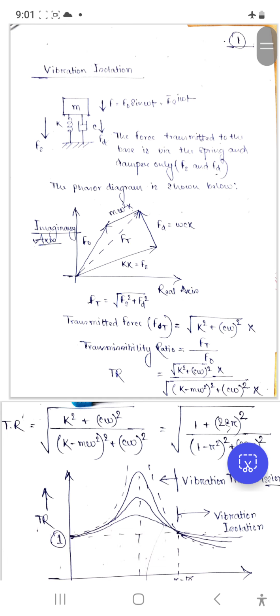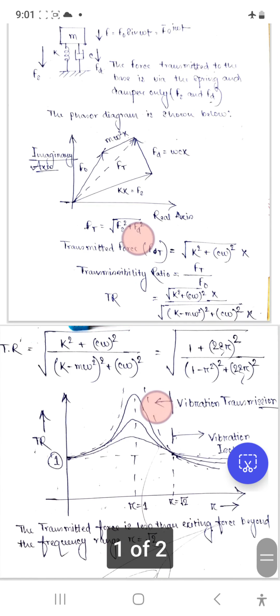So x is getting cancelled, so transmissibility ratio is root of k square plus (c omega) square, divided by root of (k minus m omega square) whole square plus (c omega) square. We know very easily that if we make them non-dimensionalized, that is the term which is coming. Taking k out, all the terms will come. That is the transmissibility ratio.